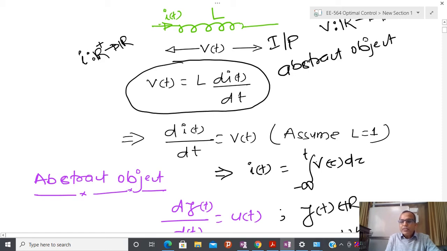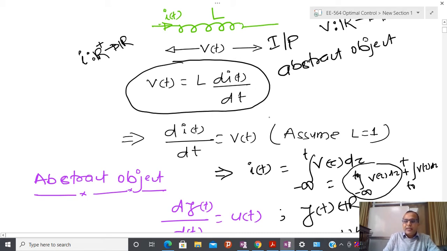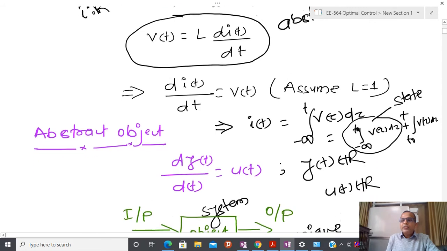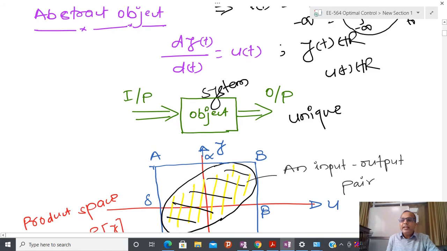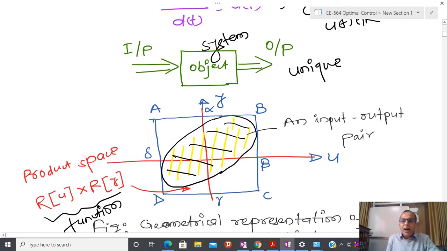And suppose t0 is the time of the experiment, then I can write the integral from minus infinity to t0 of v(tau) d tau, and after that the integral from t0 to t of v(tau) d tau. So this part is somehow the memory, or some kind of initial current when you are going to start the experiment, and this is called the state. So a state is some kind of physical variable that carries the information of all past events.